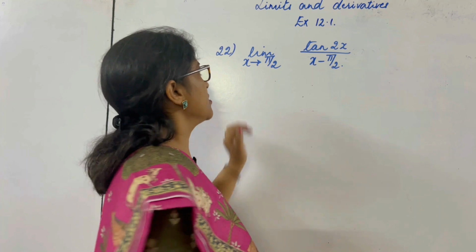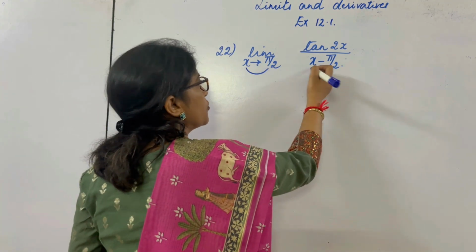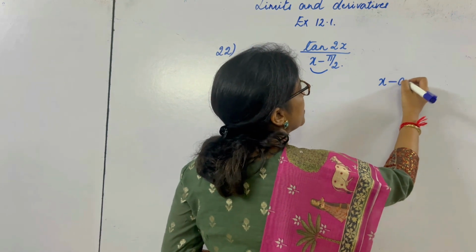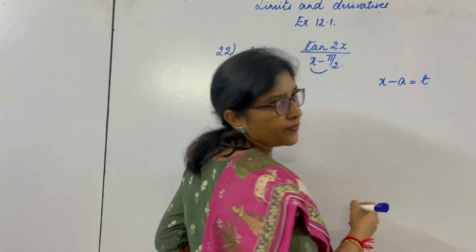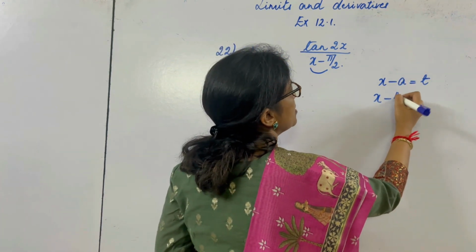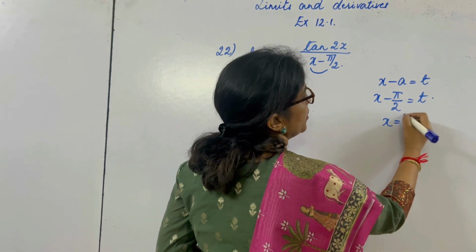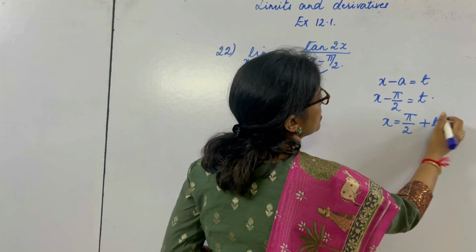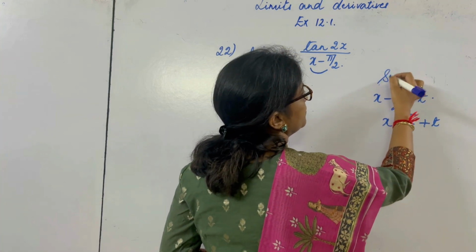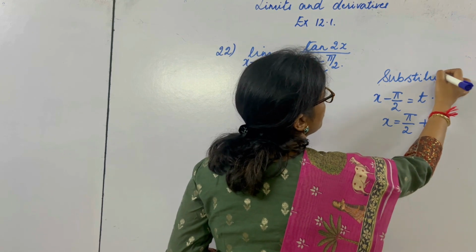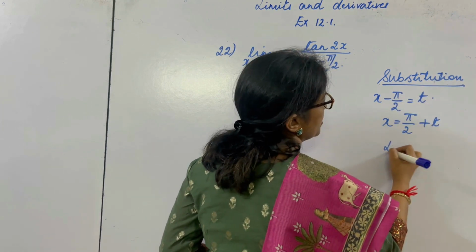When we have questions where you can see x tends to a and x minus a, you can substitute x minus a as t. So in this case, we are going to put x minus pi by 2 as t. So what is x? Pi by 2 plus t. This is our substitution. Whenever we substitute, we should check what the new limits are.